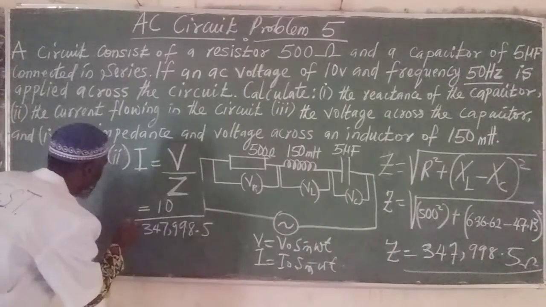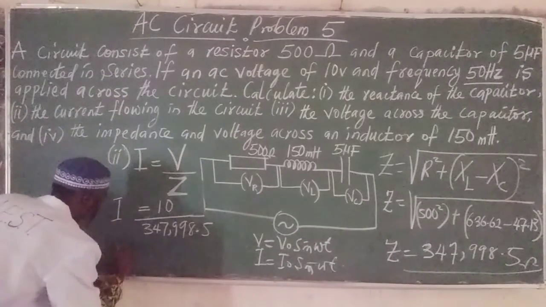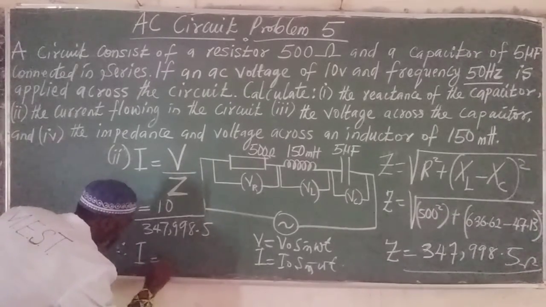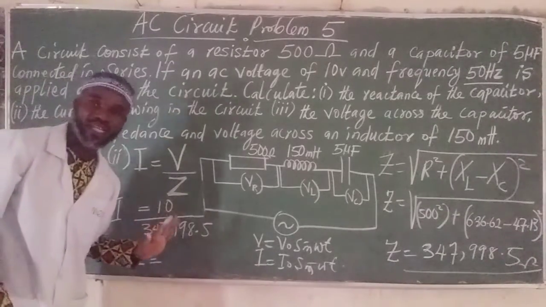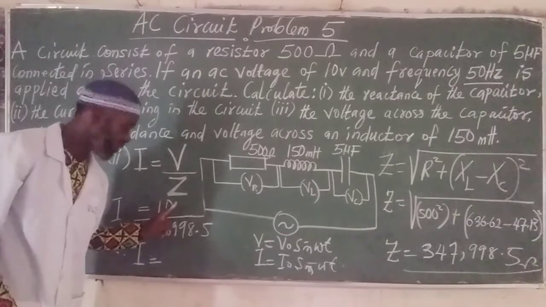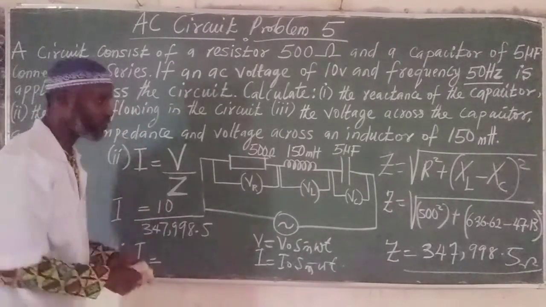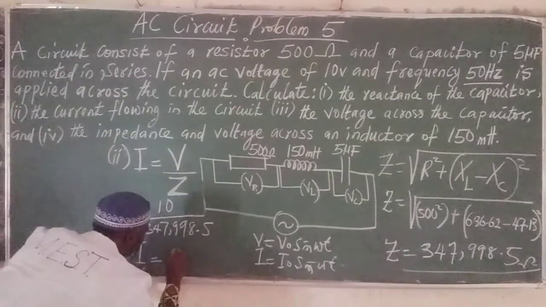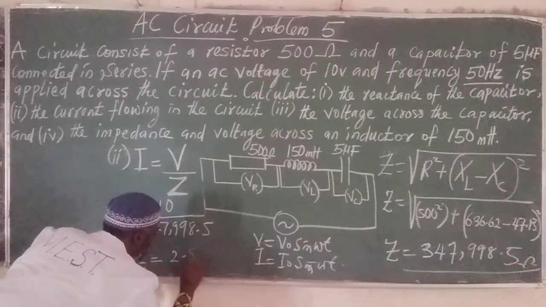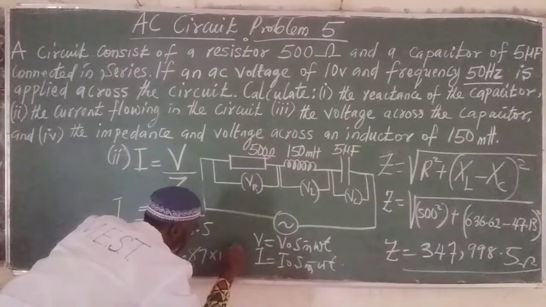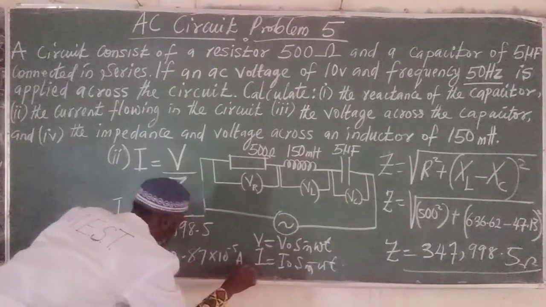So by the time we evaluate current, therefore, current flowing in the circuit is equal to, simple calculation, point your calculator, 10 over this. 10 over this is going to give us 2.87 times 10 raised to the power minus 5 amps.